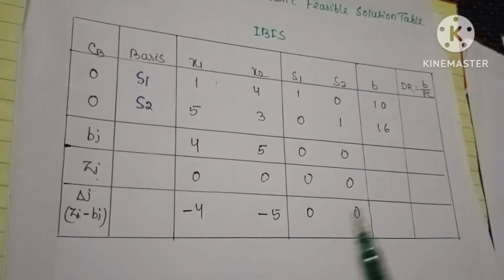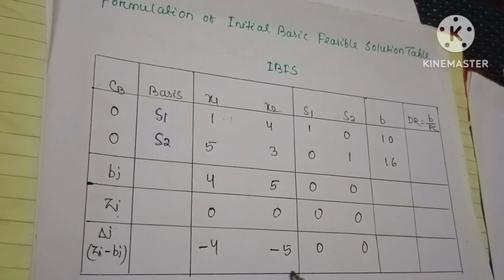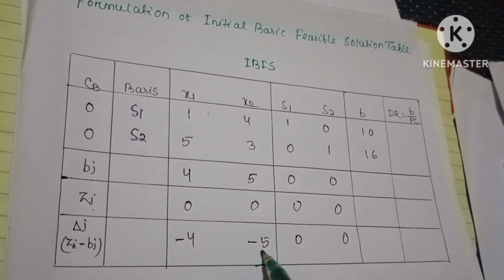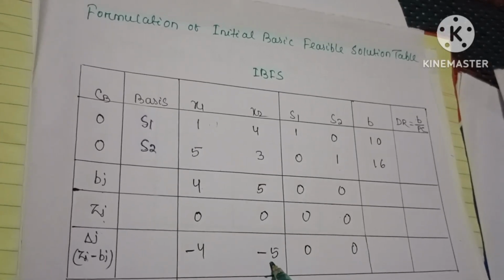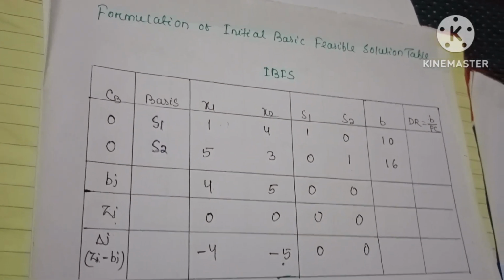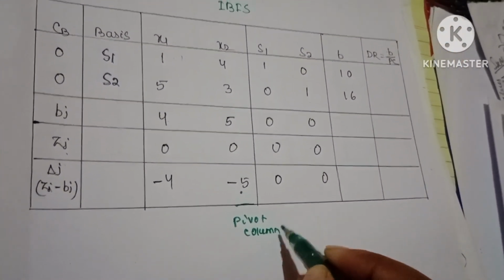Here the largest negative magnitude is this one, minus 5. So this is the largest negative number, and this becomes your pivot column.